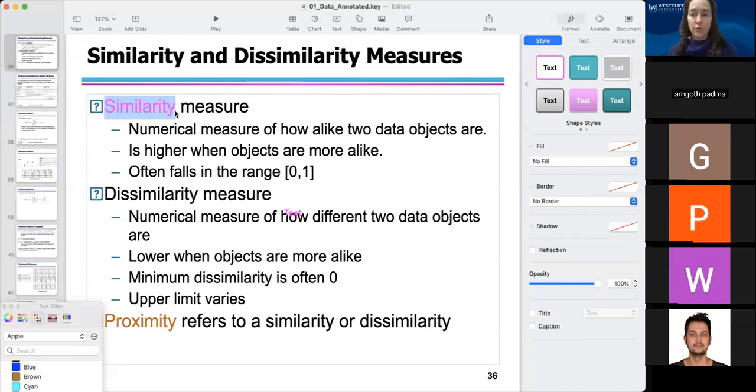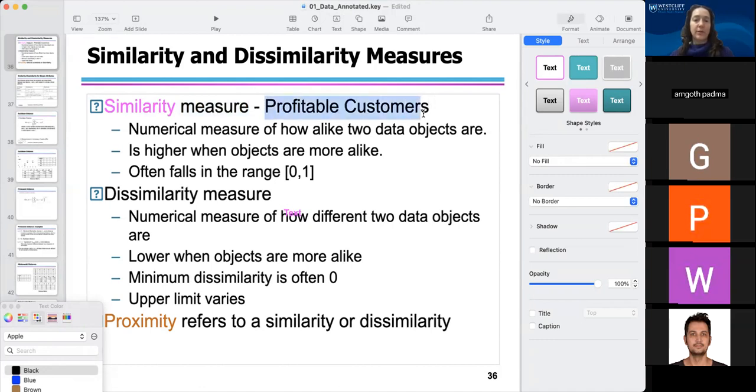Why would we want to know that this customer is similar to another customer? It's because this way we can find groups of similar objects. We can find customers that are profitable for the bank, or we can find customers that are non-profitable, or we can find customers that are neutral.